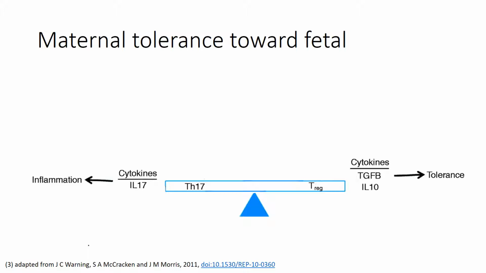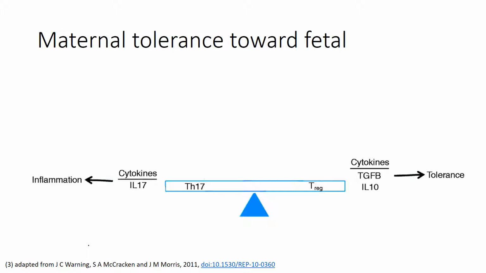Let's have a look now at the immunological components and specificity of pregnancy. The most remarkable feature of pregnancy is the capacity of the mother to tolerate the fetus, meaning her ability to accept this body in herself without considering it as a threat. To understand it, we have to remember that CD4 cells can basically differentiate into type 1 or type 17, leading to inflammation, or type 2 and Treg, targeting tolerance.